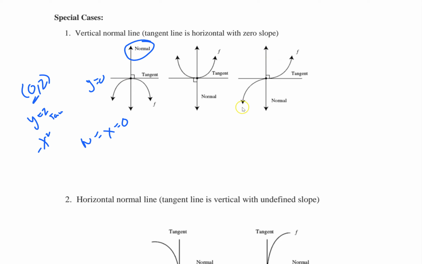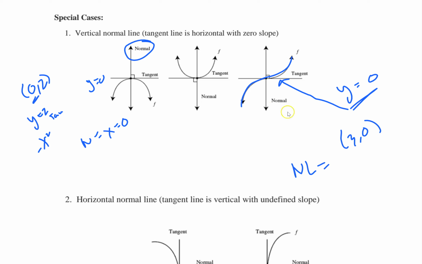And remember, also if it's an x cubed graph, right? Let's say you found your tangent line was y equals 0. Well, plug it into the equation to figure out what the x value is, and let's say you get like (3, 0). Well, the normal line is just that thing, the x value, x equals 3. And it can work the other way also.